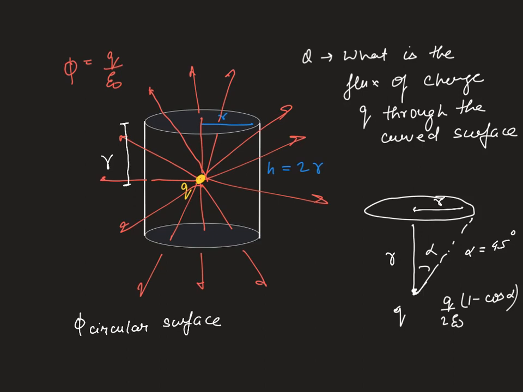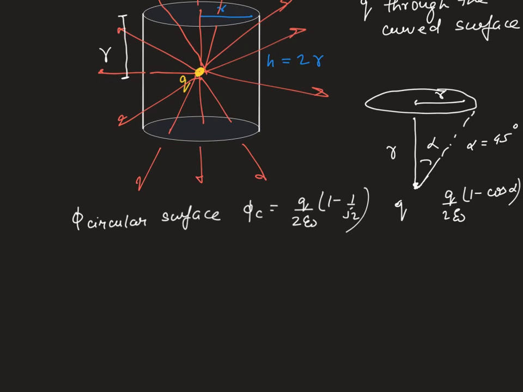So what is the flux through the disk or the circular surface? The flux through the circular surface is phi c equals q by 2 epsilon naught into 1 minus cos 45, that is 1 by root 2, obviously. And since there are two circular surfaces, the flux through the second circular surface is also going to be the same.